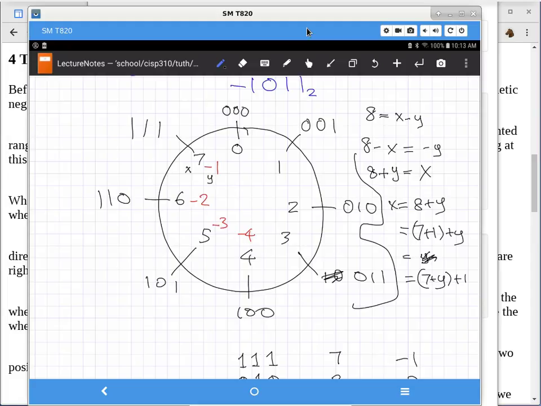Okay? What is 7 in binary? 1, 1, 1, right? And if you subtract anything that is 3-bit wide from 1, 1, 1, would you ever end up with a borrow? No, you don't end up with a borrow, which is kind of interesting. So I'm going to do it on the left-hand side here.